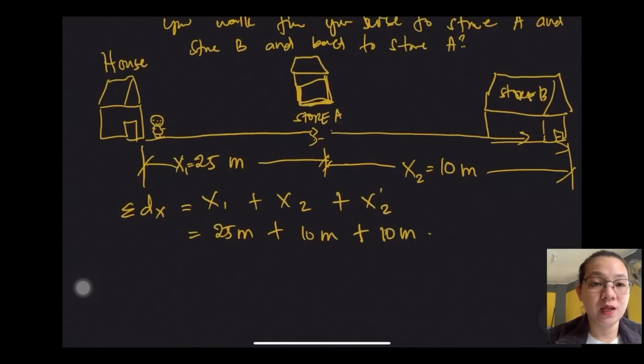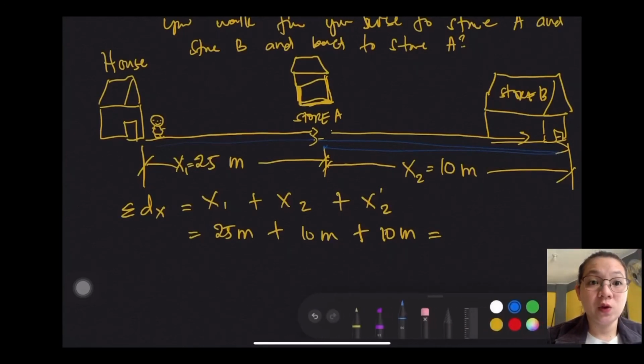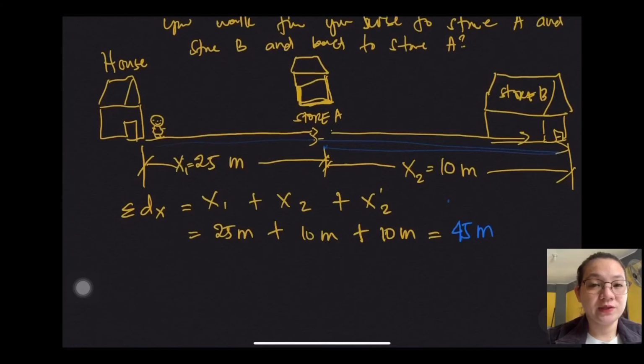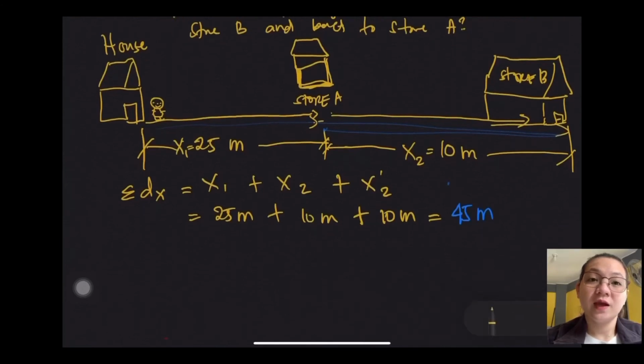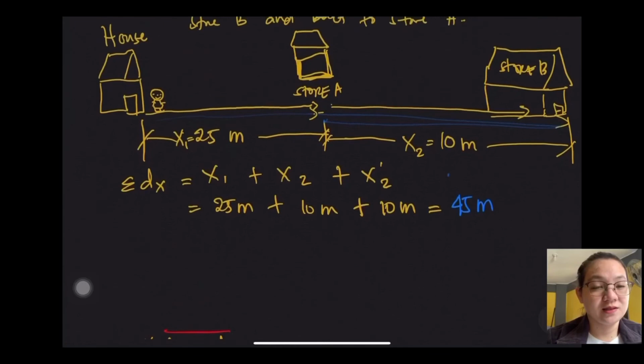That is simply 25 plus 10 meters plus 10 meters, which is 45 meters. That's what you can see on the string, up to store A only. 45 meters. And again, this is a distance, so no need for the direction.